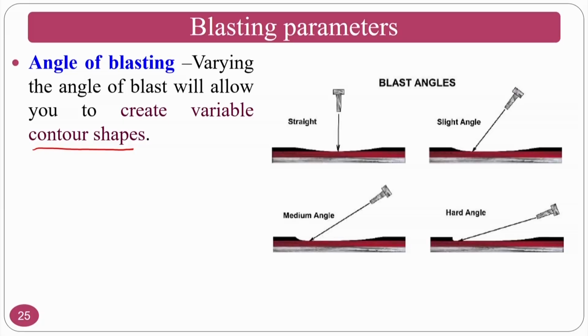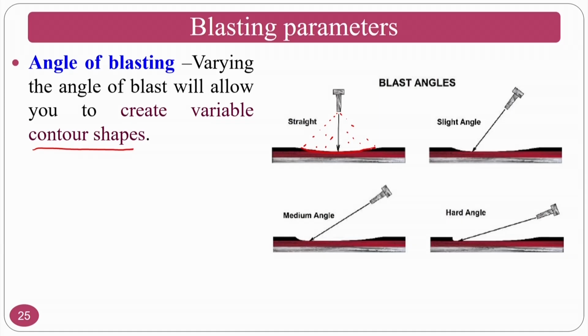As you see in this figure, if I go for a straight one, you will get a divergence here. If your nozzle is like this, your blasting takes place in this direction, so you are going to get a feature like this.